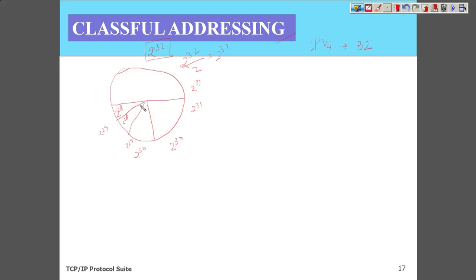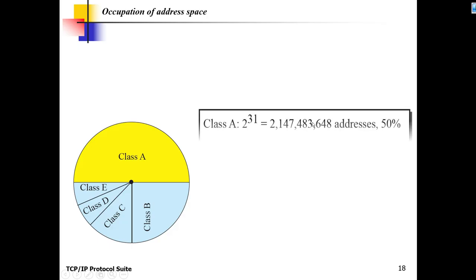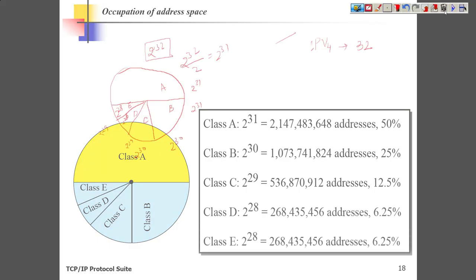This division has been given names: we call them class A, class B, C, D, and E. This is how the entire address space is divided into A, B, C, D, and E. Here you can see how the classes have been defined and their allocation.